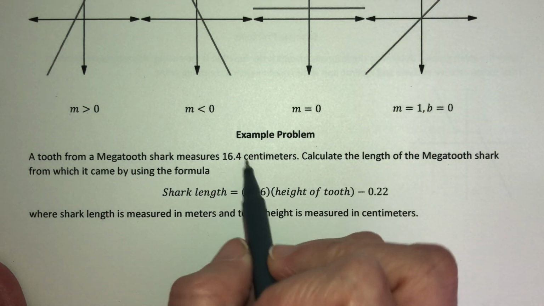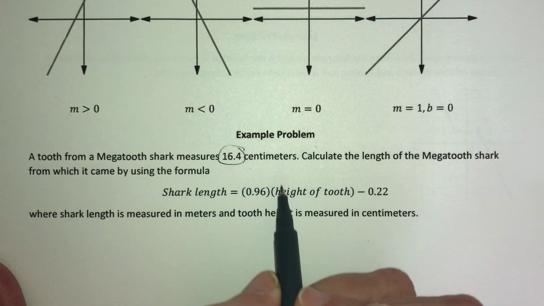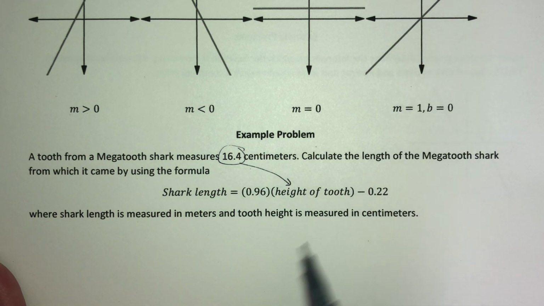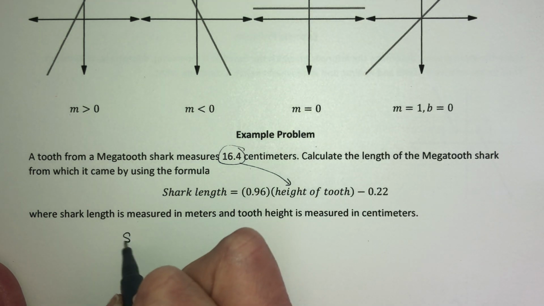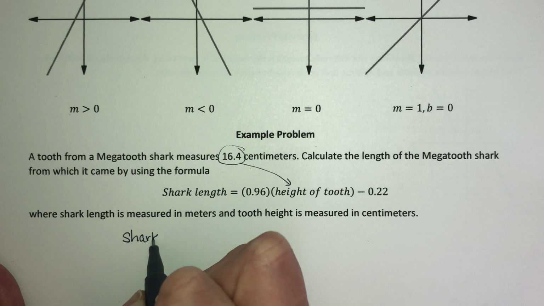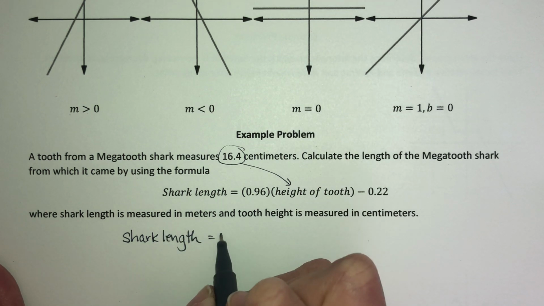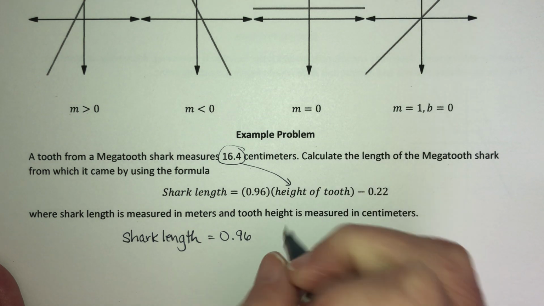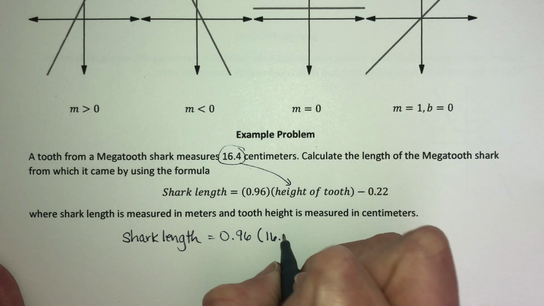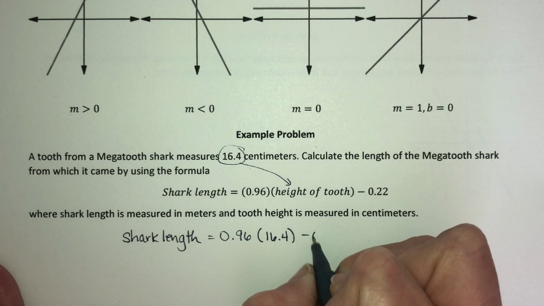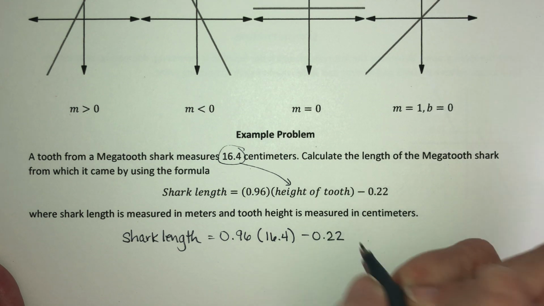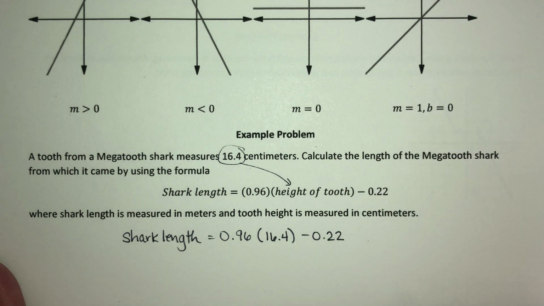So all we're really going to need to do is to take this value and plug it in right here so that the shark length is equal to 0.96 times 16.4 minus 0.22. Now enter this into your calculator.